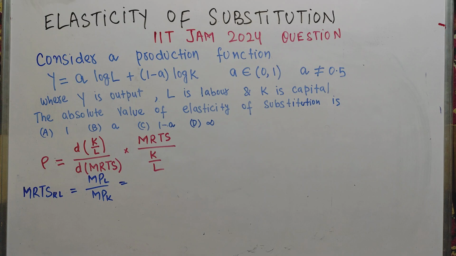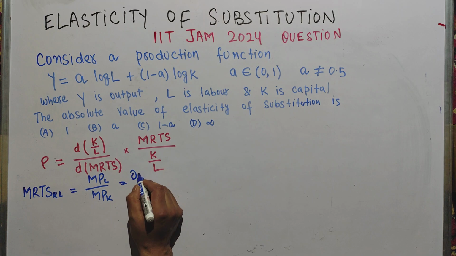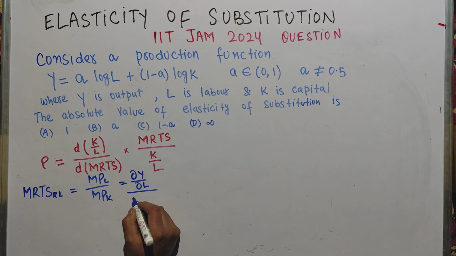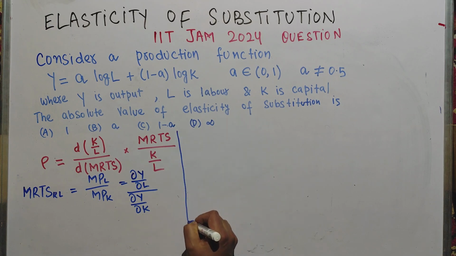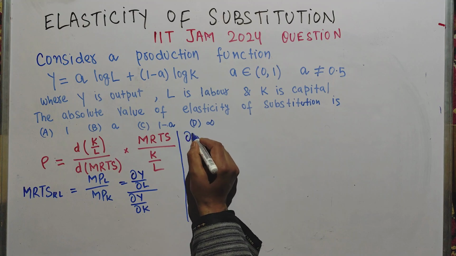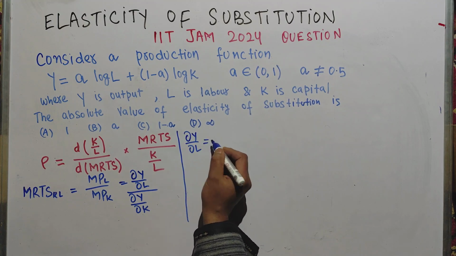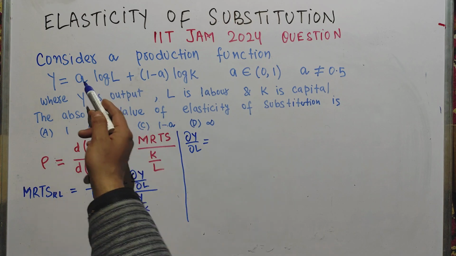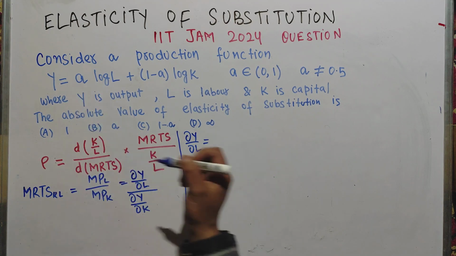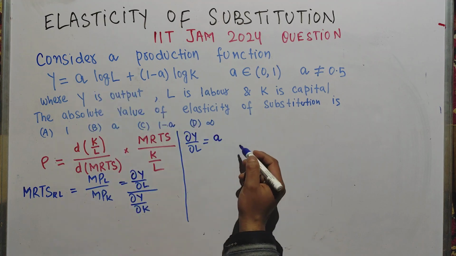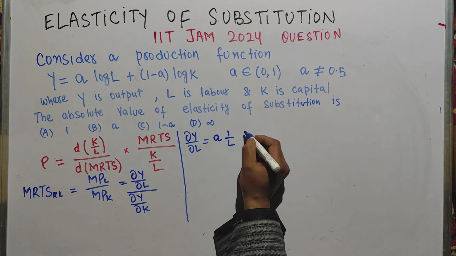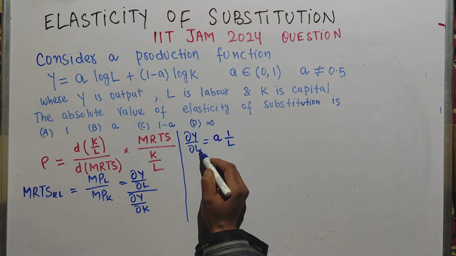Marginal product of labor means the partial derivative of the given production function with respect to L, and similarly MPK means the partial derivative of the given production function with respect to K. Okay, so let us take the derivatives here. So del y upon del L is the partial derivative of this function with respect to L. We have a here, and the derivative of log of L is 1 upon L. Okay, this is dy upon dL.